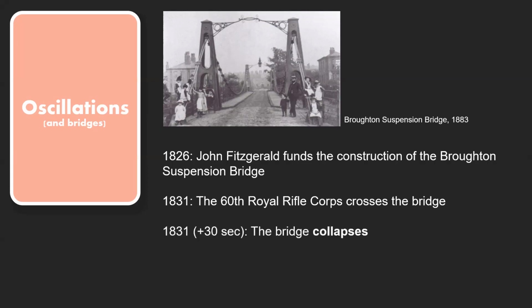Now, no one actually cared about the natural frequency of the bridge at the time. It didn't spark much attention because no one really knew how to describe it at the time.